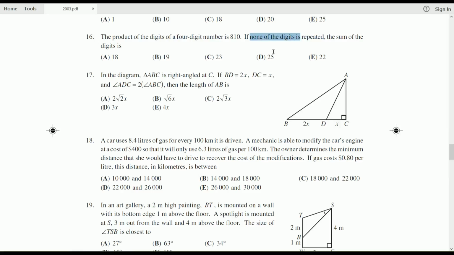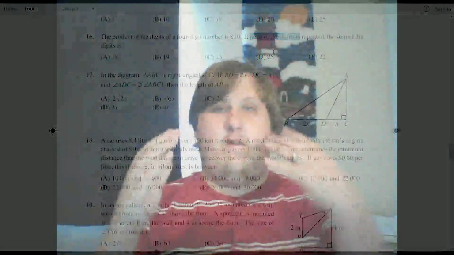So, when I consider a question like this, first I've made the point that the 4-digit number part really isn't what's important. It's just that we have 4 numbers, they're distinct, and each one is between 1 and 9 inclusive. I know that their product is 810, I don't know their sum.